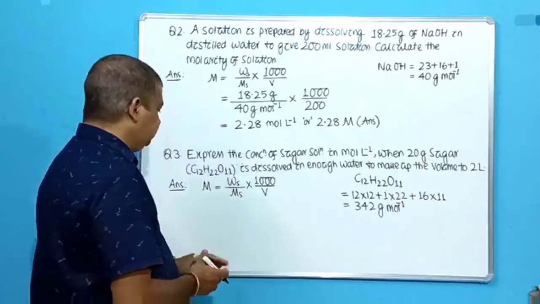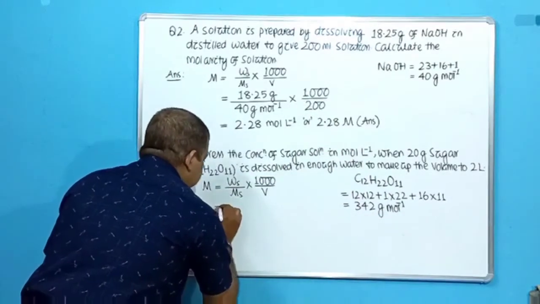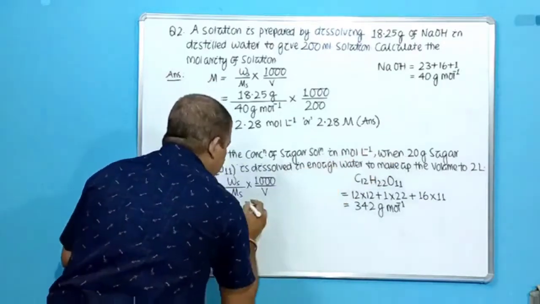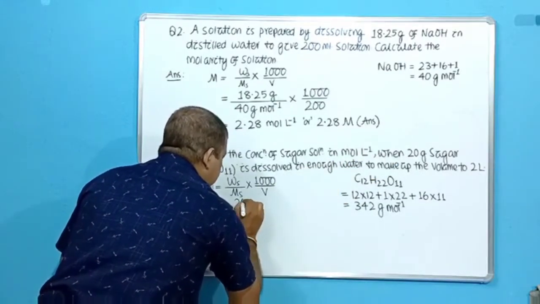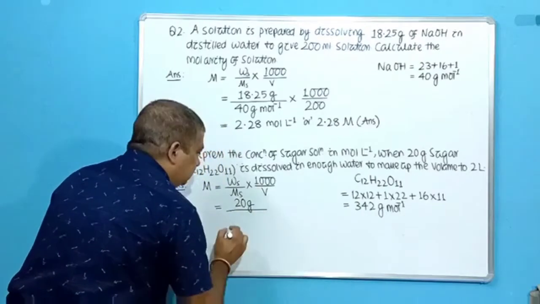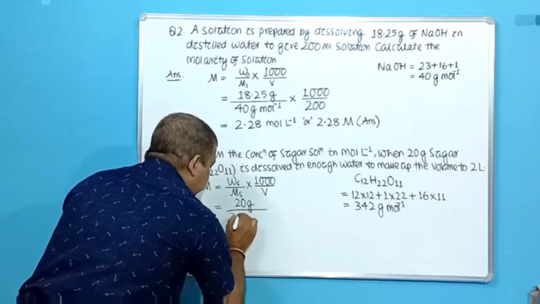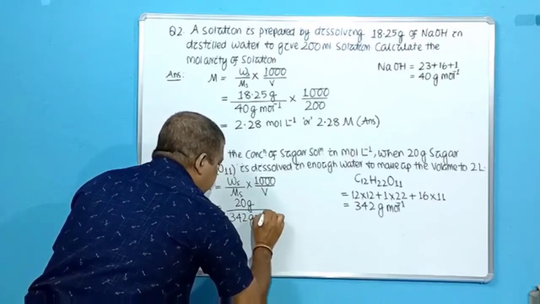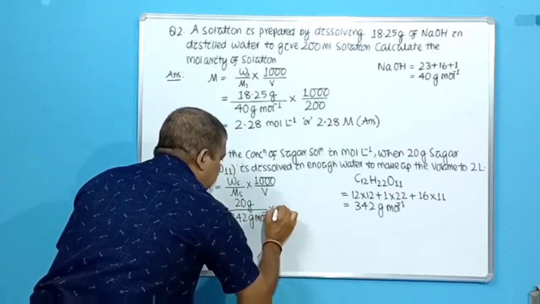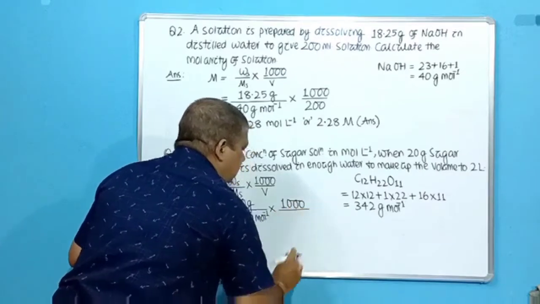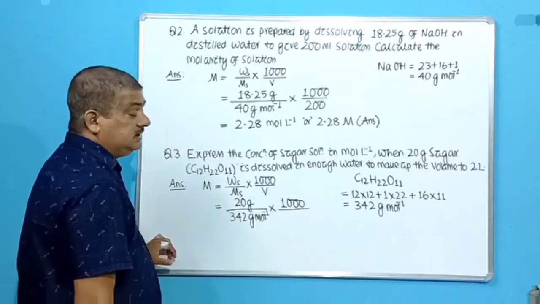You have to find out this one. Then put it directly in the formula. What is the molarity? Mass of the solute given is 20 gram. Then molar mass we calculated, 342 gram per mole, into 1000 divided by V, volume of solution in milliliter.